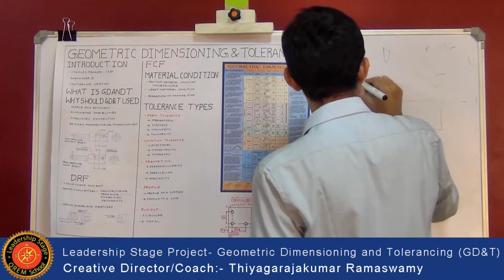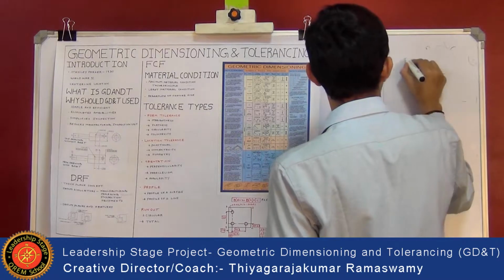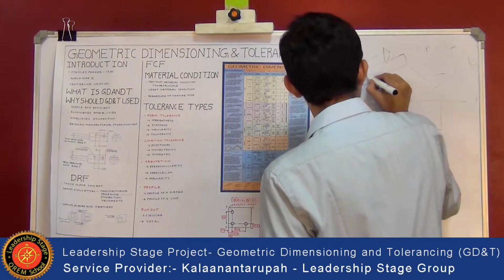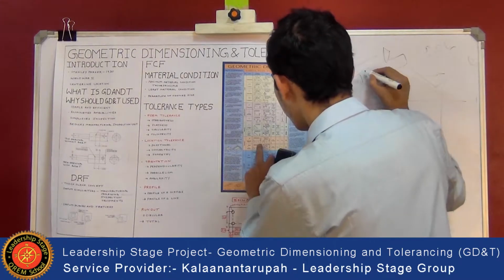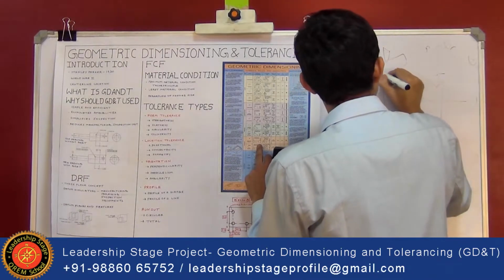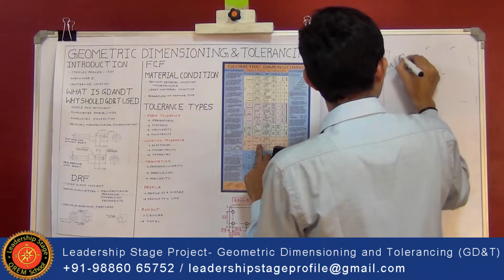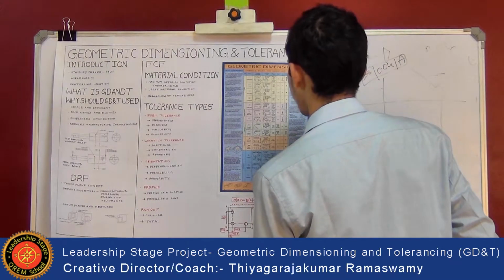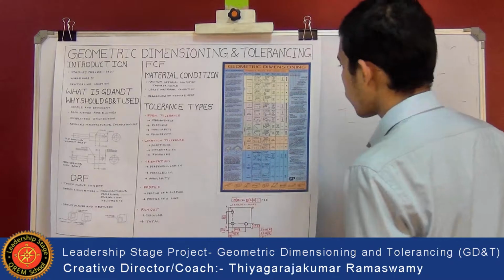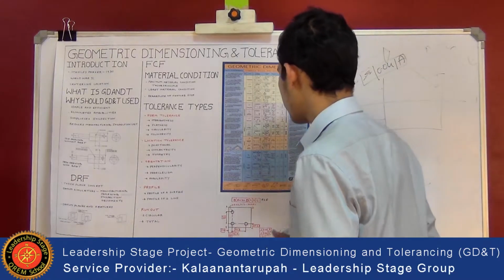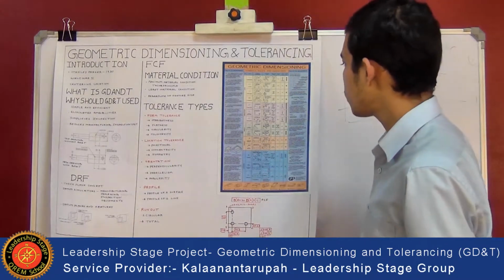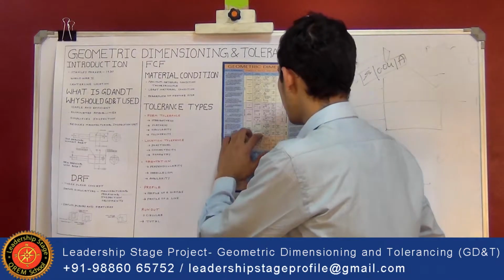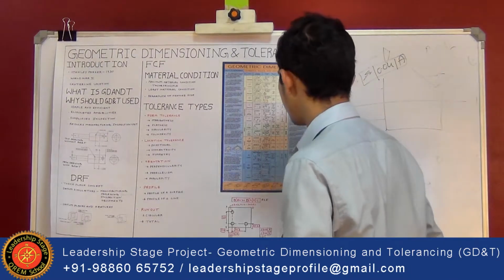Here a circular runout tolerance of 0.4 is given, and it is perpendicular to datum plane A. For runout, always RFS is considered.